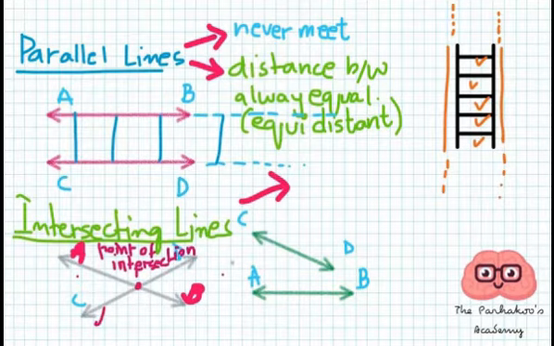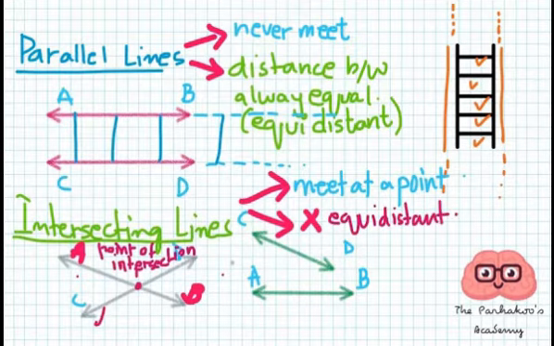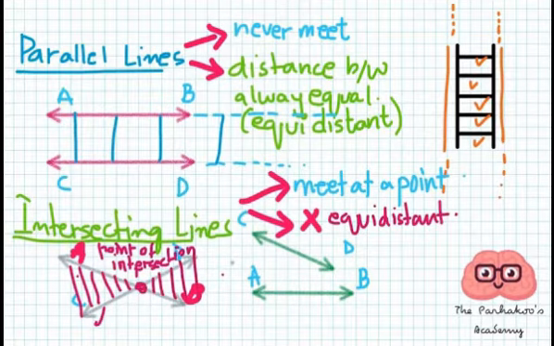Intersecting lines meet at a point, and the lines are not equidistant. That means along the line, the distance between these two lines changes, and there comes a point where they meet. So this is the point of intersection.